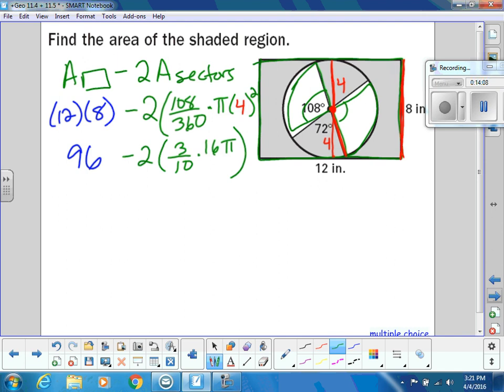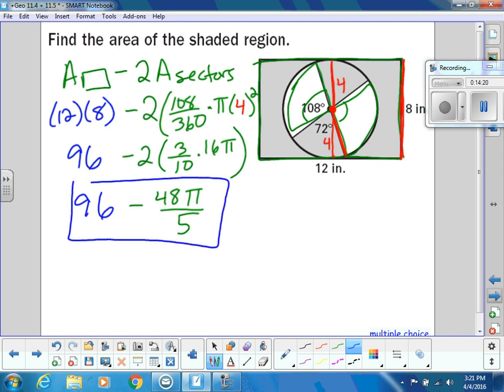So this is going to be 48 pi over 5. So I'm okay if you write your answer like this. These cannot combine, okay? This has a pi in it, this does not. So I'm okay if you leave your answer like that, or you can get a decimal. But if it says exact answers, then leave it like that.